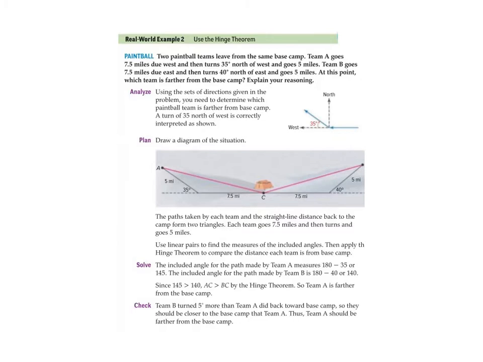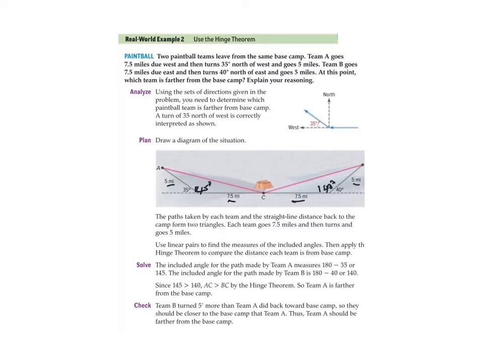As you can see from real world example 2, using the hinge theorem, both of these distances are 7.5, both of these distances are 5, but the included angle, this one would be 140 because I'm taking 40 away from 180, and this one would be 145 degrees.